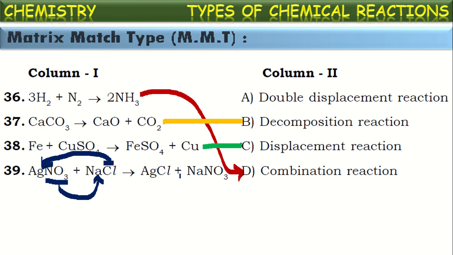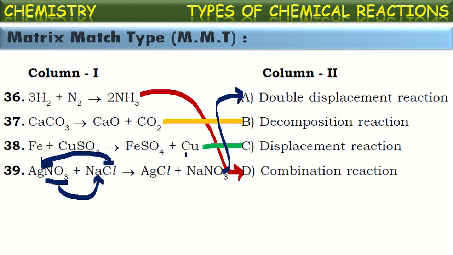This kind of reactions in which two chemical substances exchange their ions to form new substances are called double displacement reactions. So it is one of the examples for double displacement reactions. This is a matching. Observe once again all the matchings.